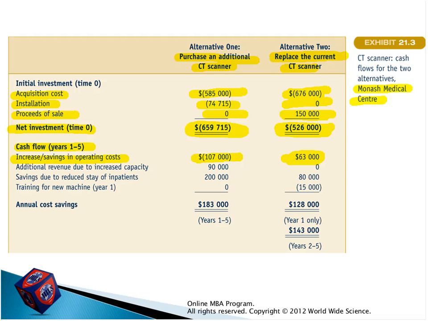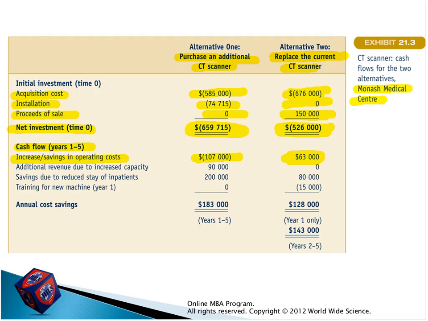I'm not medical staff, and I have no idea about CT scans, how they work and what functions they have, but I can guess that it might be more economical in usage, as it is a new model. So it brings some profits of 63,000. Okay.